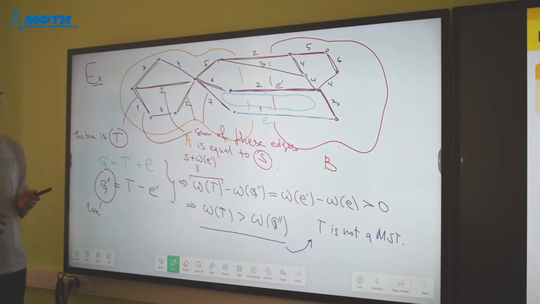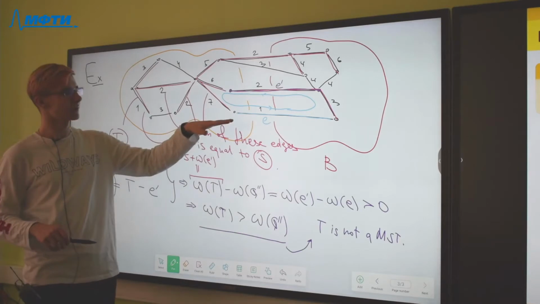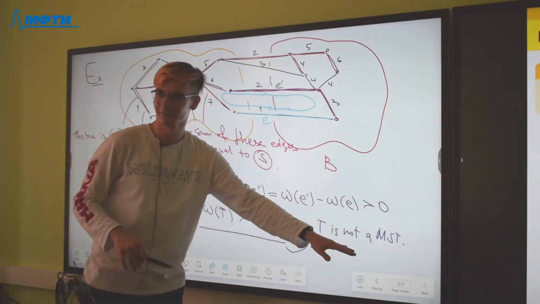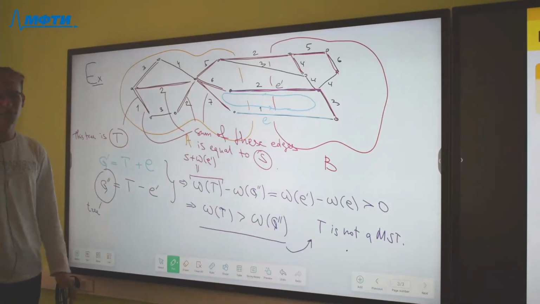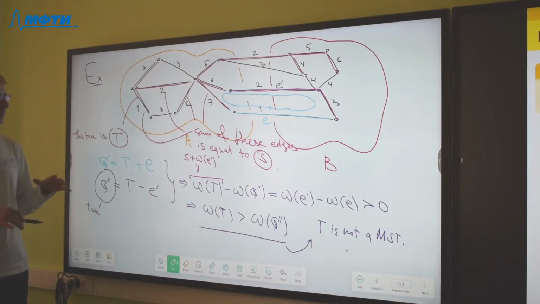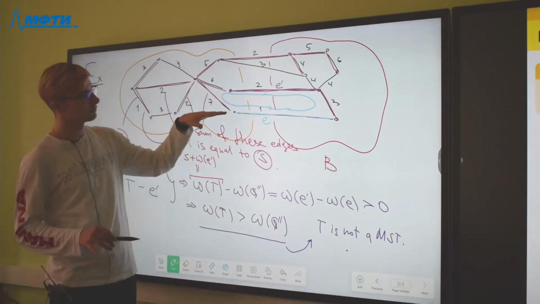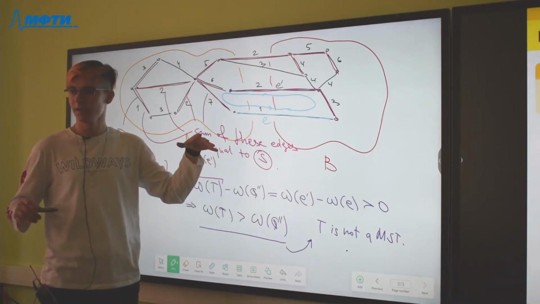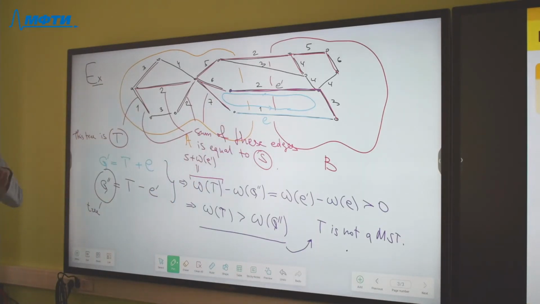For example, to get a contradiction, we can say that there is a minimal spanning tree that doesn't contain edge e. And then we say that, okay, we have a contradiction. Or we can say that if we have some tree that doesn't contain this edge, it isn't a minimal spanning tree. So a minimal spanning tree contains, of course, e.